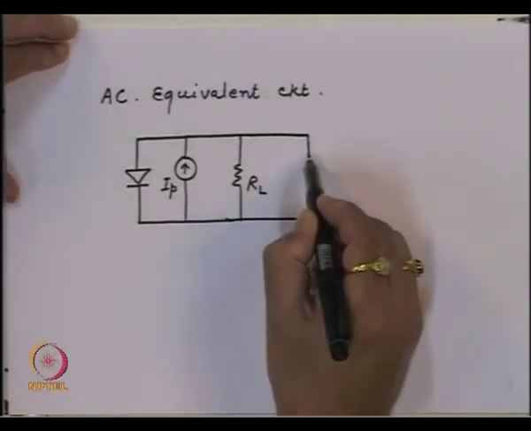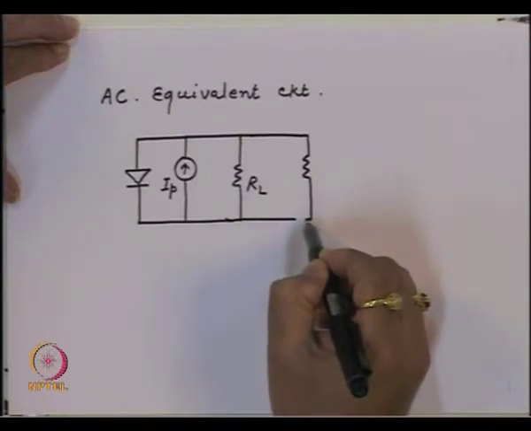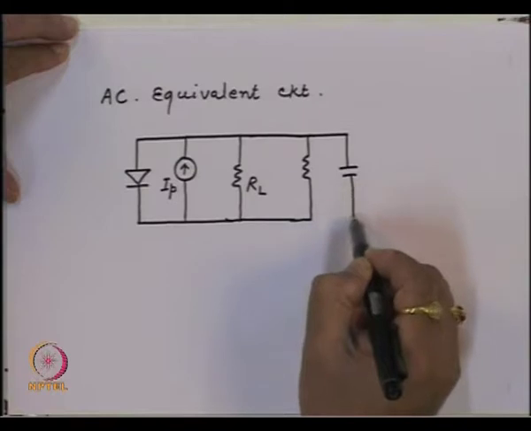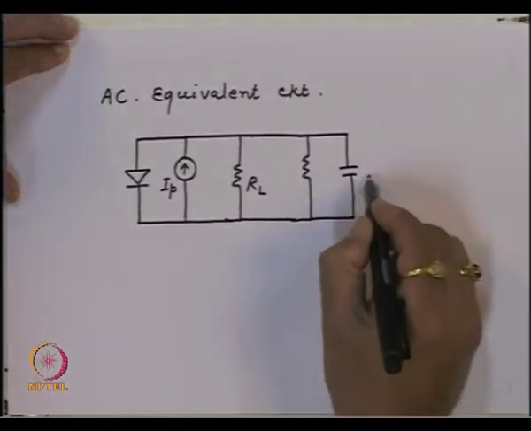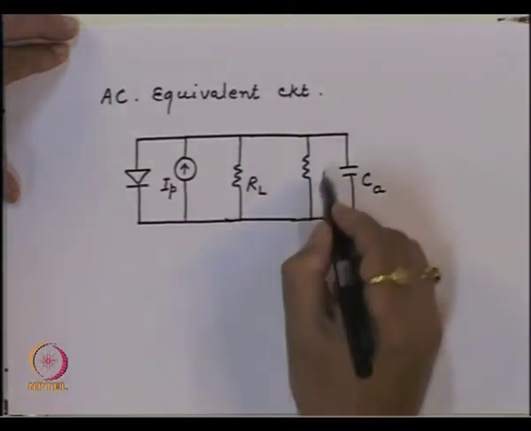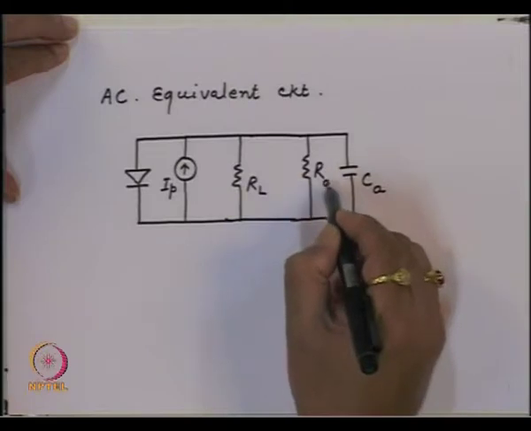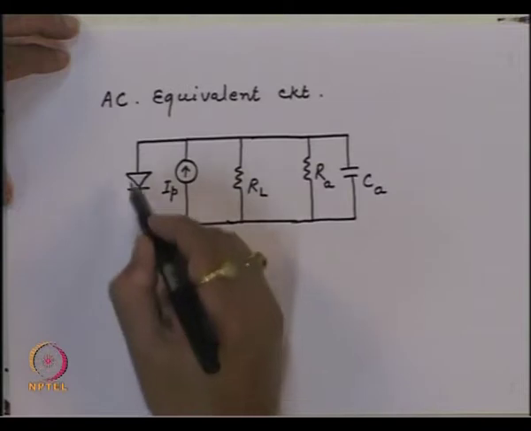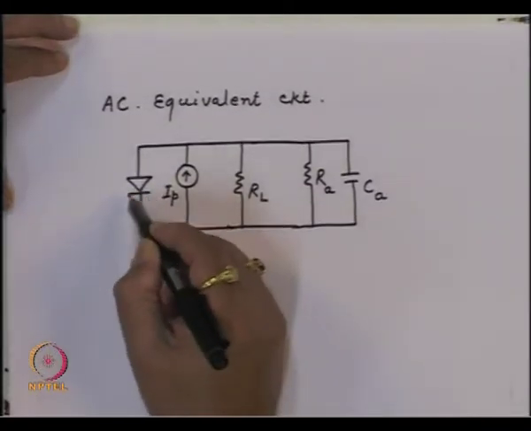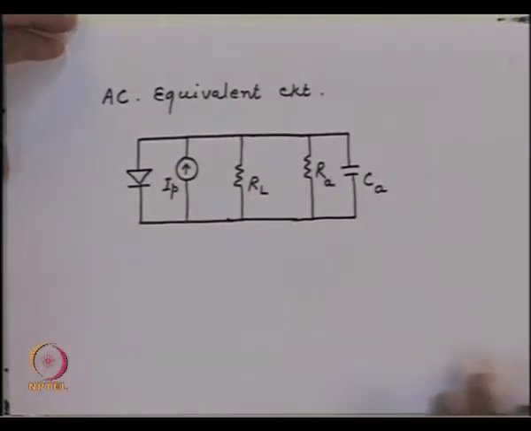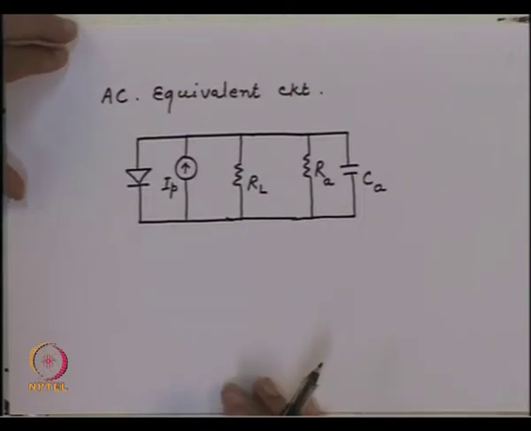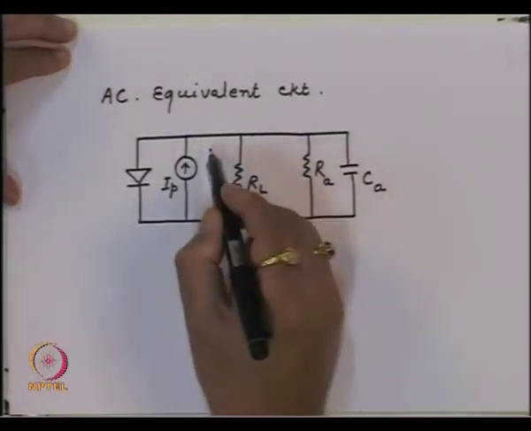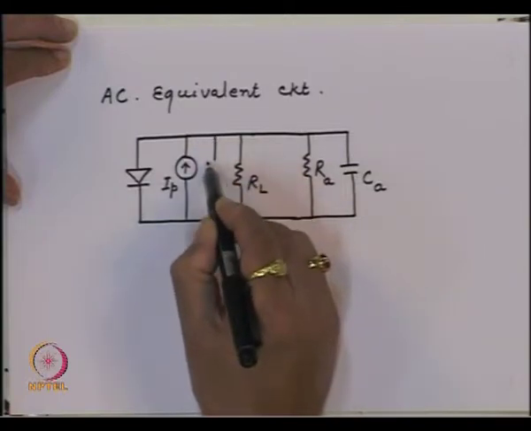So you may have a resistance here and some capacitance, let us say the capacitance of an amplifier. This is the resistance of the amplifier. And since this is a reverse bias junction, we also have a substantial capacitance for this junction of the photodiode. So you also have a capacitance here, which is the junction capacitance.